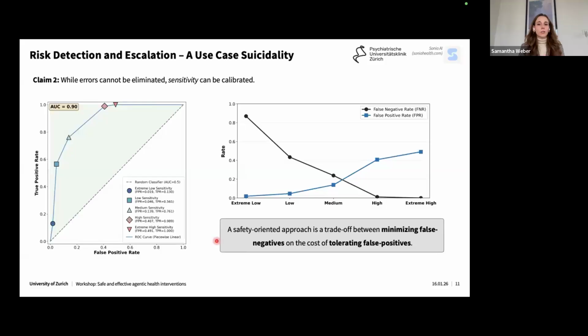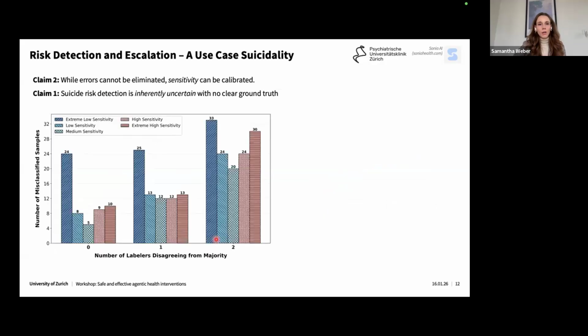In suicide prevention, for example, prioritizing sensitivity means really minimizing the missed emergency, even if it increases the number of false alarms. But those false alarms can be handled in downstream mechanisms, which I will also show you later.